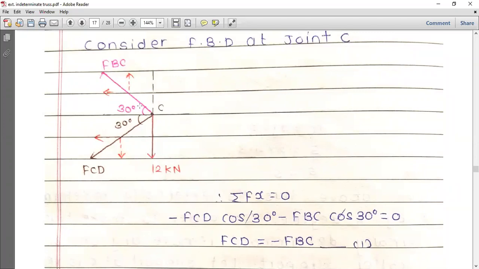This is an inclined member, so you have to resolve it into perfectly horizontal and perfectly vertical components. The horizontal component will be a cos component and the vertical component will be a sine component. Here also in FCD, horizontal will be a cos component, vertical will be a sine component. That is, the vertical will be FCD sin 30, and the horizontal will be FCD cos 30.